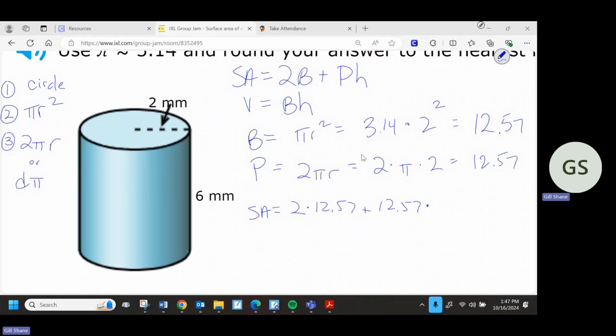And then what's the height? 6. Yeah, height basically connects the two bases. No matter how it's laying, if you just think of that height for a cylinder or a prism, the height is the line or the side that connects the two bases. So 6. What'd you get for the final to that?